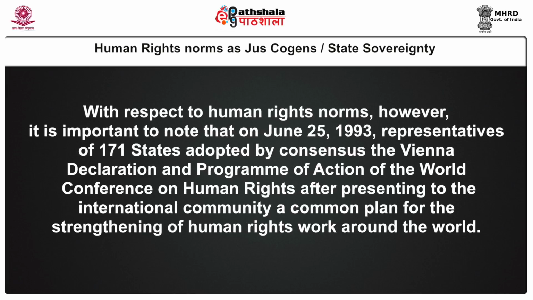With respect to human rights norms, however, it is important to note that on June 25, 1993, representatives of 171 states adopted by consensus the Vienna Declaration and Program of Action of the World Conference on Human Rights after presenting to the international community a common plan for the strengthening of human rights work around the world.